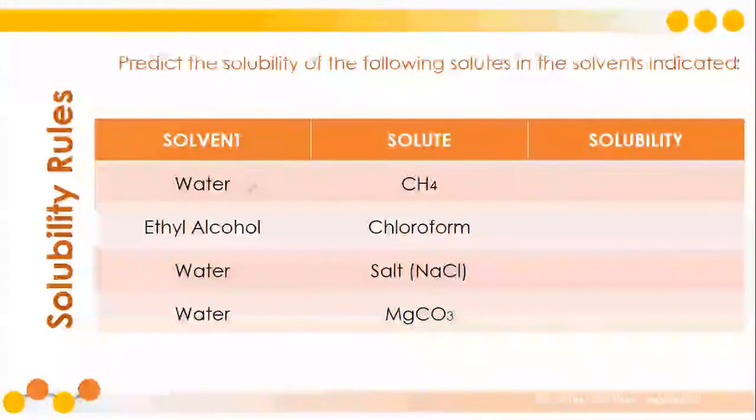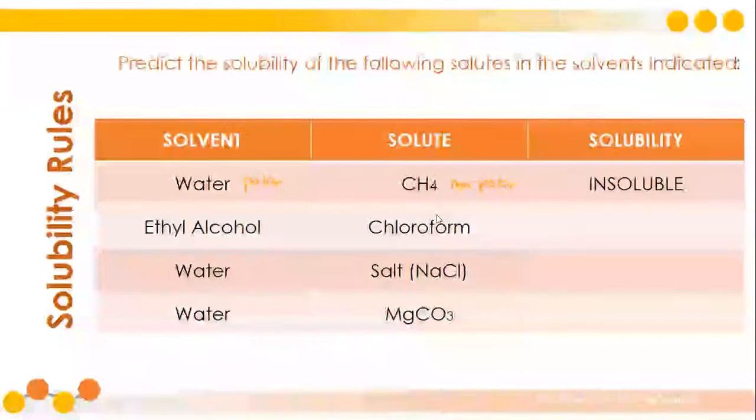Water is considered polar, and CH4 is non-polar. Following the principle of like dissolves like, what do you think will be the solubility? They will be insoluble. Again, polar and non-polar are different, so this gas will not dissolve in water.